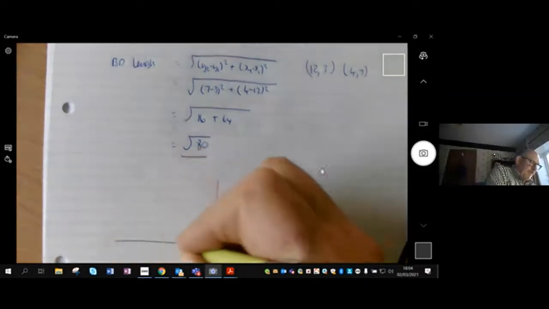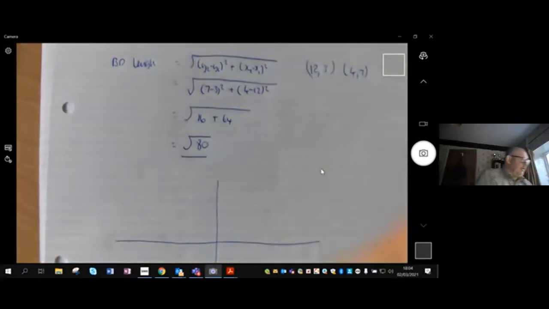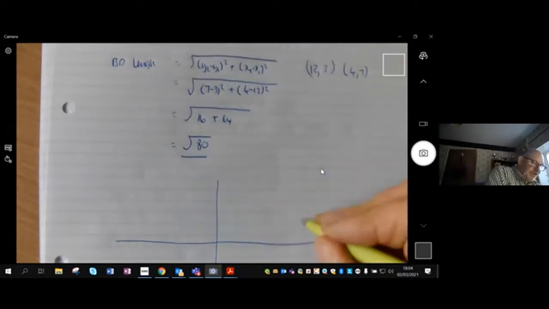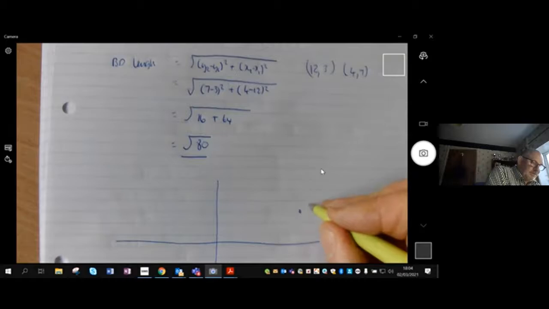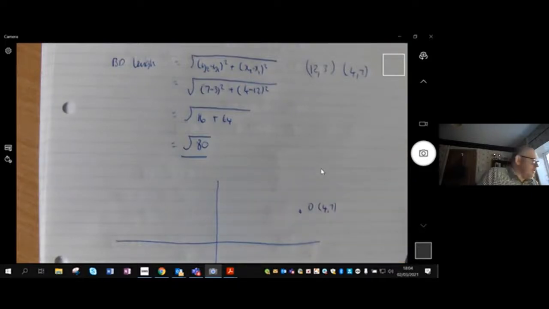Now, I'm suddenly lost as to where things are. D is 4, 7. Don't try and make it completely accurate because you've got no chance.